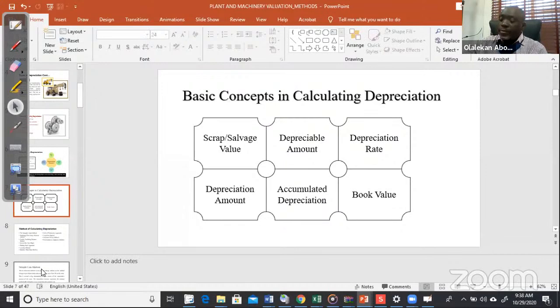What I'm saying about the depreciable amount is that it is the quantum of the cost of an asset, that part of the cost of an asset that has or can be written off with depreciation. If an asset is worth 100 million, for example, don't forget that at the end of the lifespan of that asset, even if it is no more functional, there will still be a leftover.